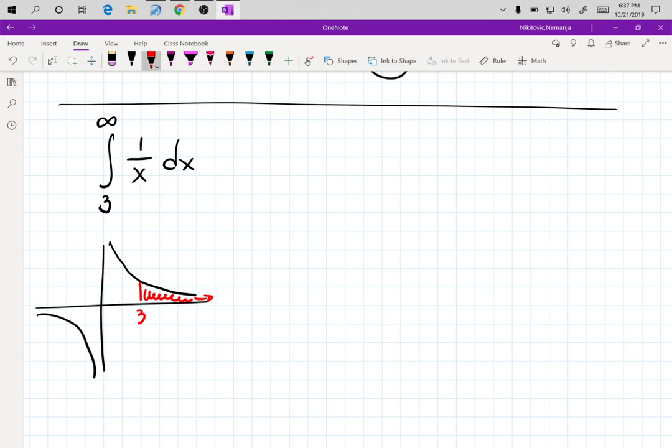Yeah, right? All right, let's take a look. So, step number 1, limit as b goes to infinity, because we are replacing the upper limit again.